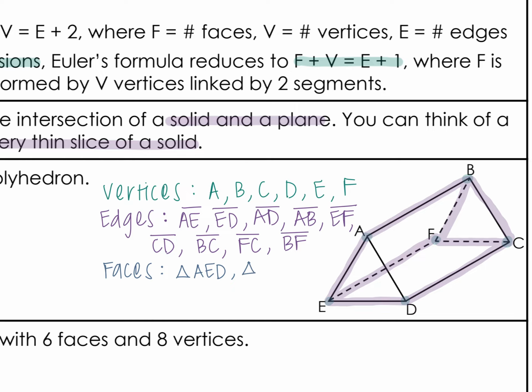And for the other triangle, I would have B, F, C. Moving into my rectangles, I would have a rectangle that's got A, B, C, D. Like I did with my triangles, I'm just naming the vertices that are creating it. I then have A, B, F, E. And my last one would be E, F, C, D.